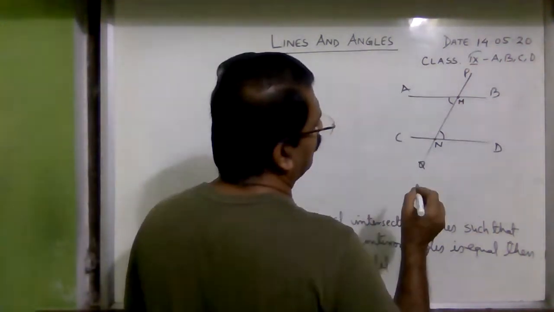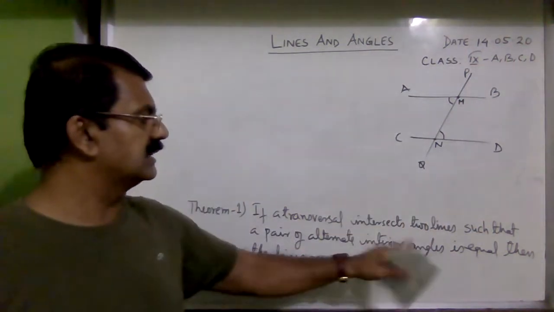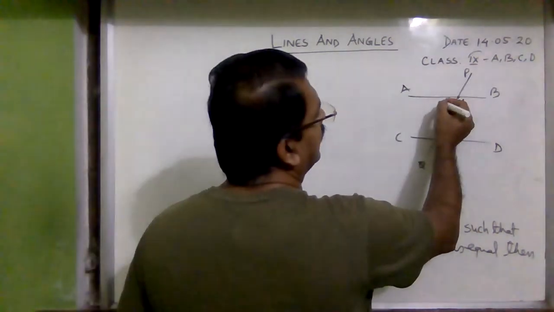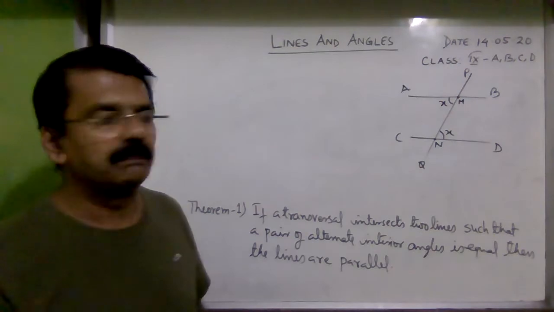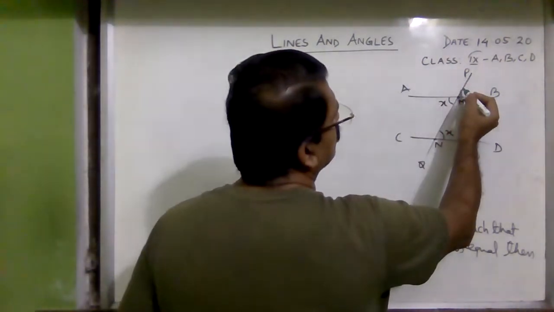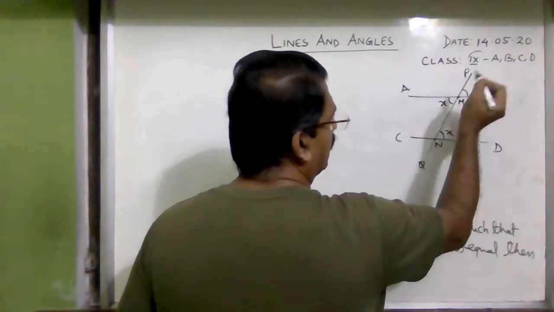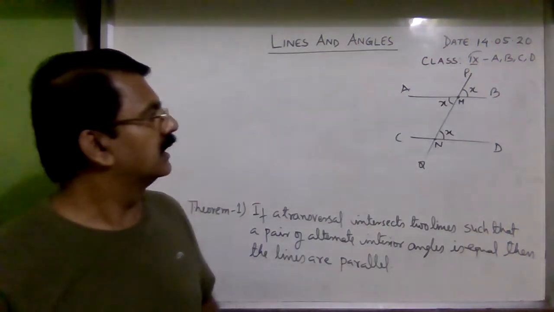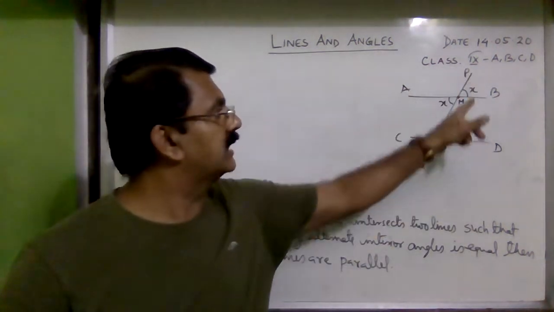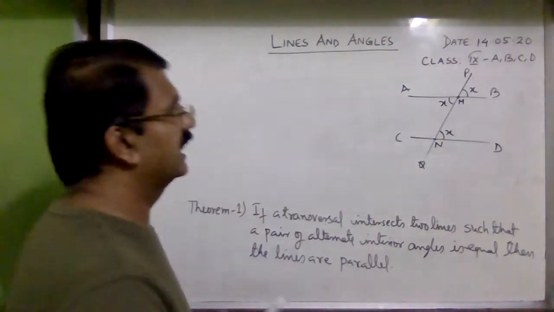Now they have given that the alternate interior angles are equal, meaning if this angle is x, then this angle is also x. It is given. Now if this angle is x, what about this angle? You are correct, it will be x because they are vertically opposite. The vertically opposite angles are equal, so that angle will also be x.